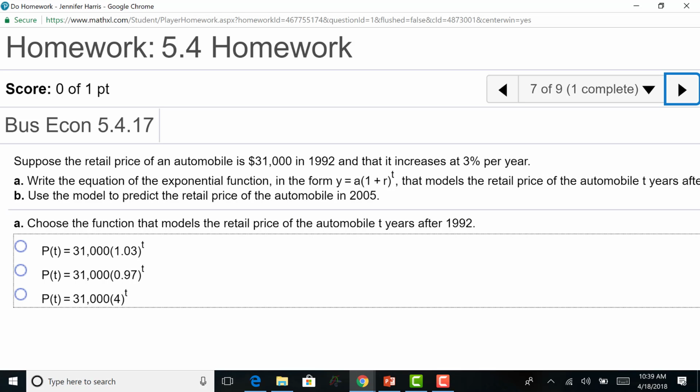Is that 10 years, 13 years, 15 years? Is that 13 years? Y'all check my math. Yes. Okay, so 13 years. So what do I do with that number? Put it in for T. So now P of 13 equals 31,000 times 1.03 raised to the 13.